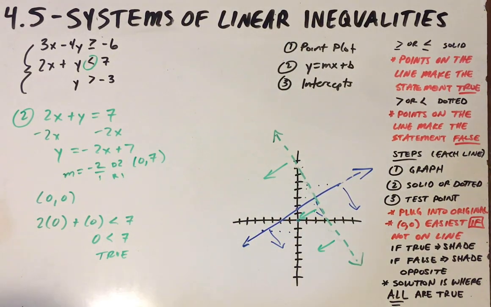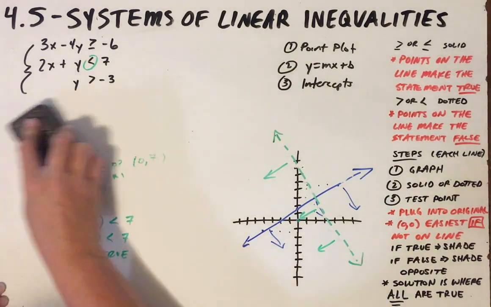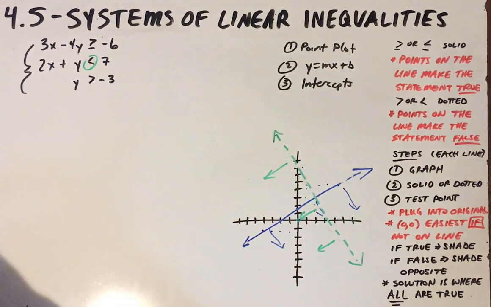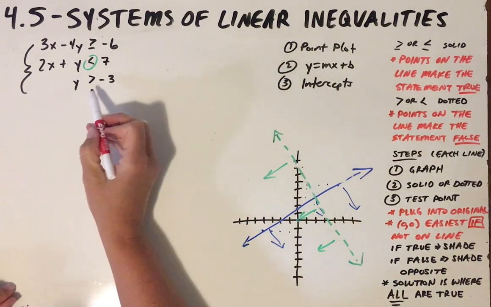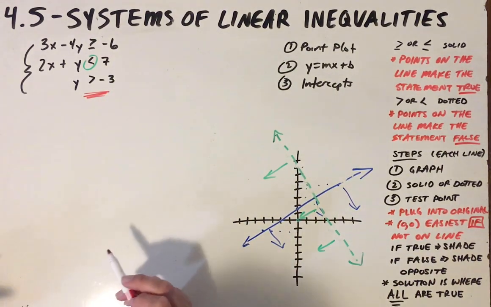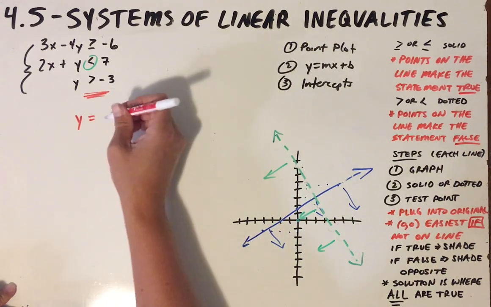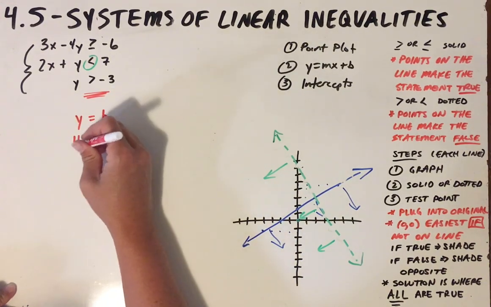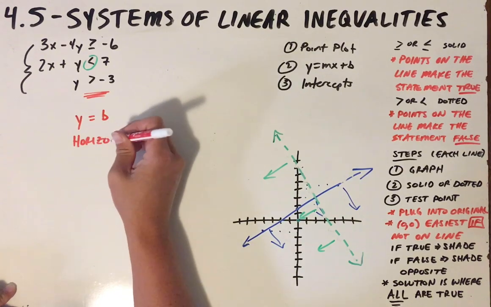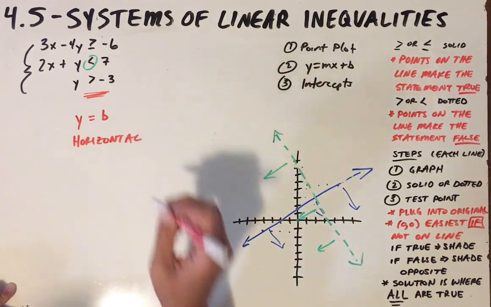All right, what about our third line? Our third line is already in this slope intercept form. It says that y is equal to -3. Remember that y equals any number is a horizontal line. Y is always -3.